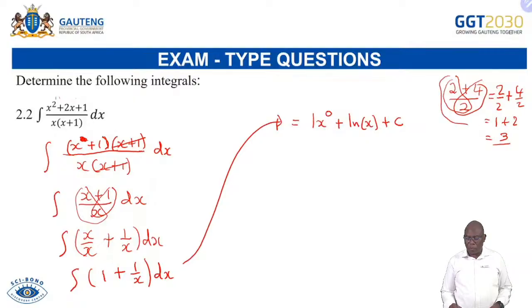So that's what I'm going to get, right? Now, then I know this is, remember, so it's 0 plus 1, right? So now remember, this is x to the power of 1 plus ln of x plus c, and that is my integral.